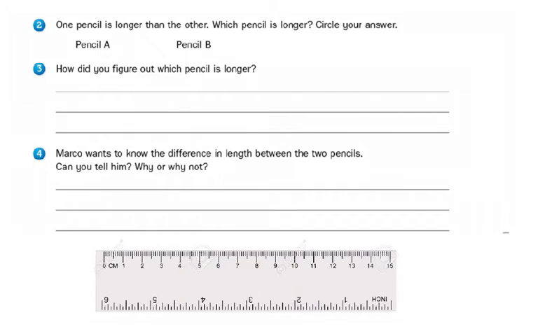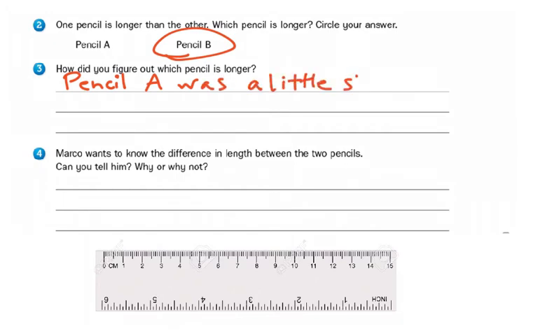So remember I said that pencil B was just a little bit more than A. A was a little less than 12 centimeters. B was a little more. How do you figure out which pencil is longer? Well, pencil A was a little shorter than 12 centimeters.